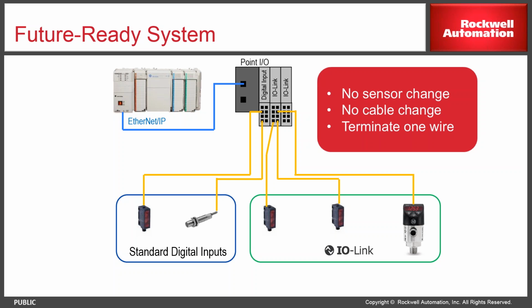So it is like some kind of scalability built in. Today you may be using the sensor as a discrete sensor providing the digital input. Tomorrow, if the future systems demand that we need more information out of the sensor, then by simply changing the wire from digital input to an IO-Link input, you will be able to draw more information from that sensor.